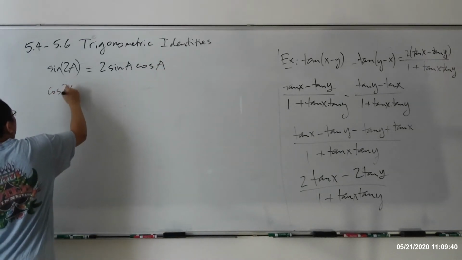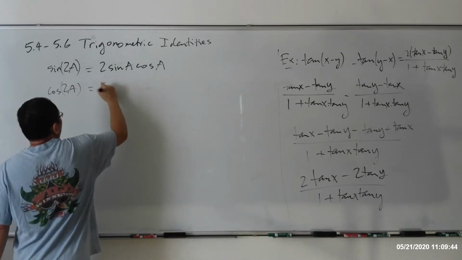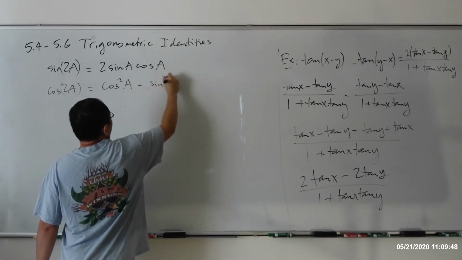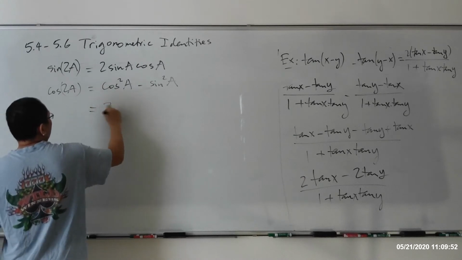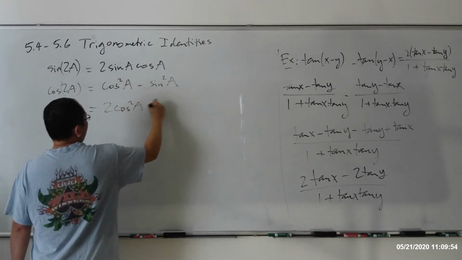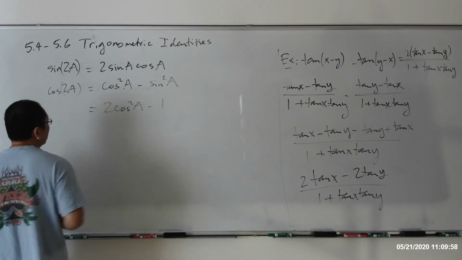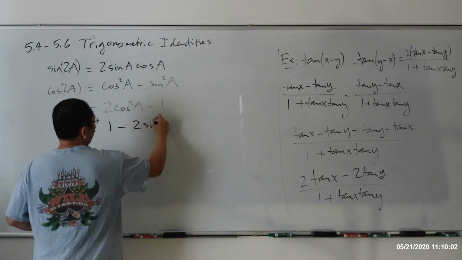Cosine of 2a is equal to cosine squared of a minus sine squared of a, which is also equal to 2 times cosine squared of a minus 1, and it's also equal to 1 minus 2 sine squared of a.